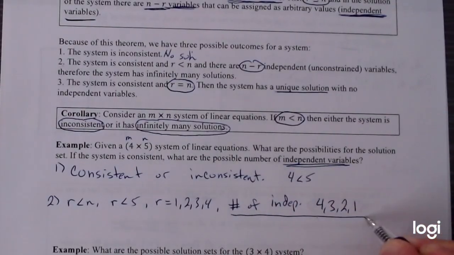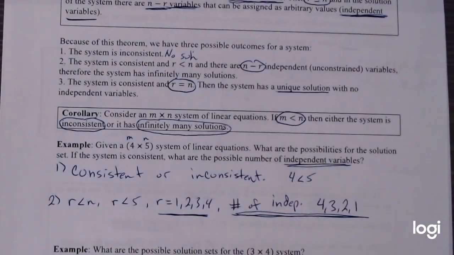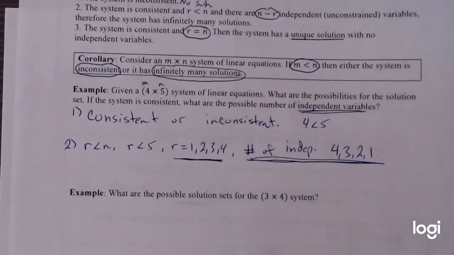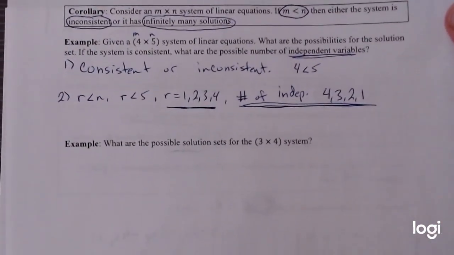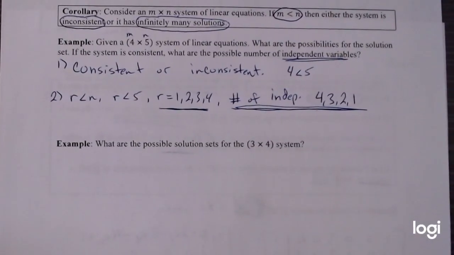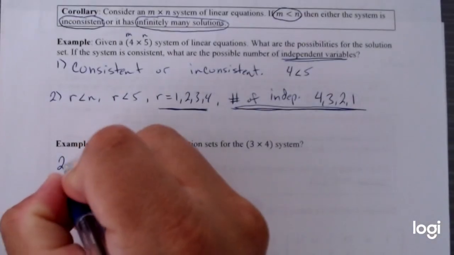So this is the possible number of independent variables based off the value of r. That could happen. So a pretty interesting example, more theoretical than actual applications itself. Okay. So let's try a similar one. What are the possible solution sets for the 3 by 4 system? And here's our system.